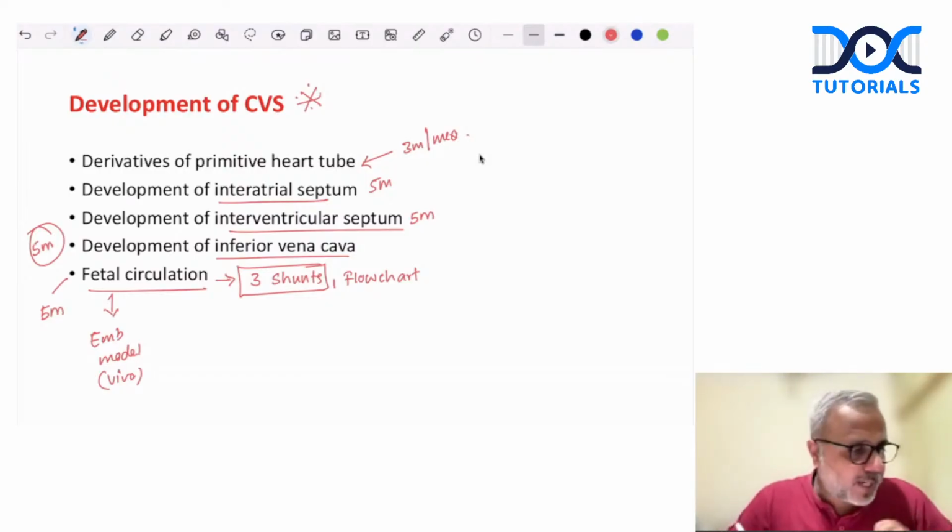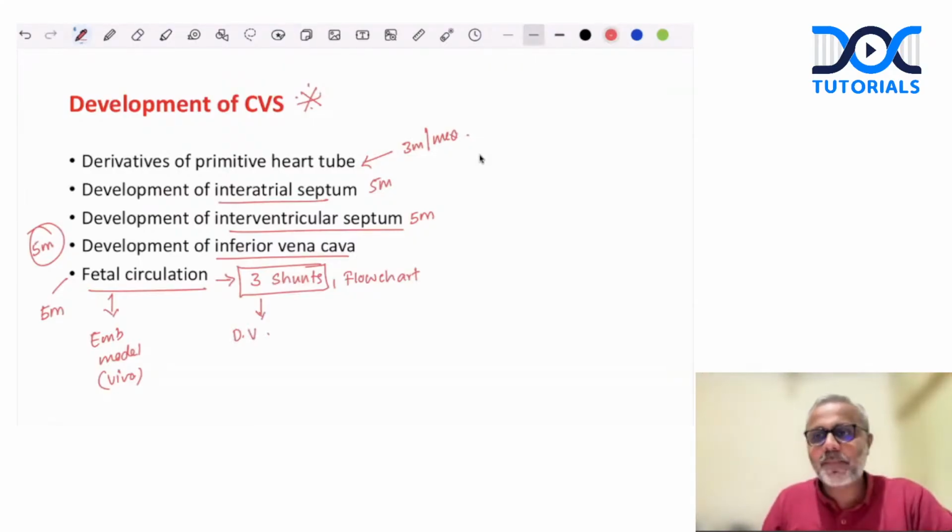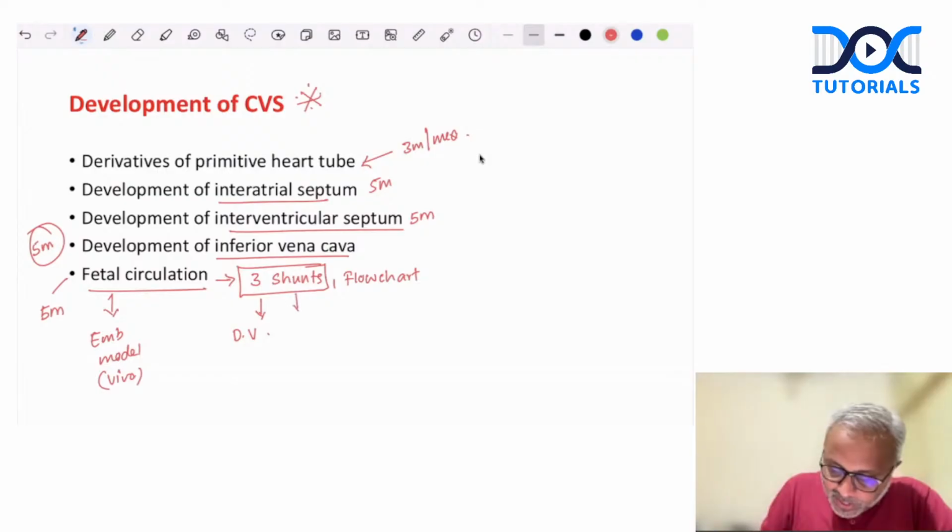So remember, how many shunts do we have? 3. What are these 3 shunts? These begin with the ductus venosus, the first shunt. The next shunt we have is the foramen ovale, and the third shunt is the ductus arteriosus.